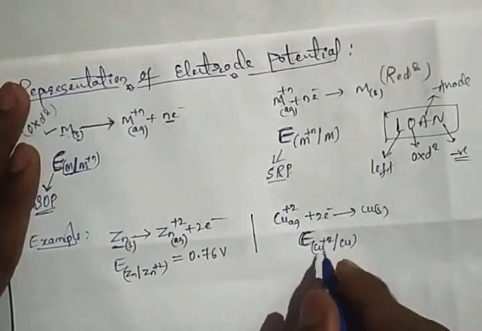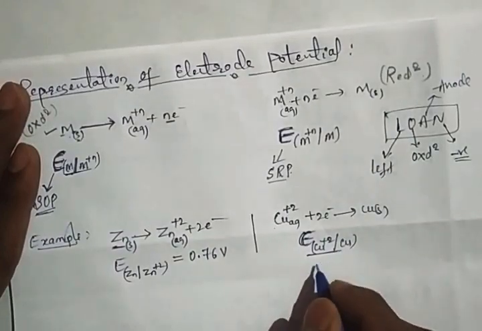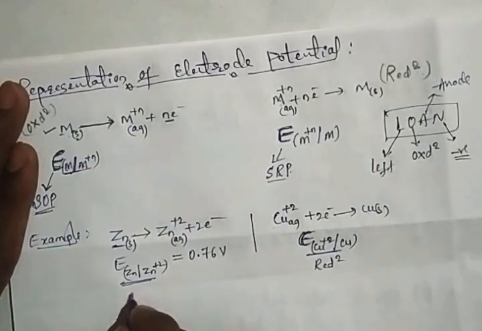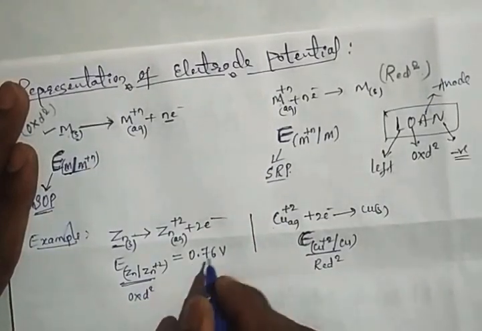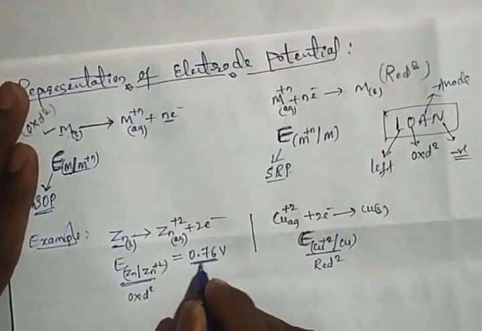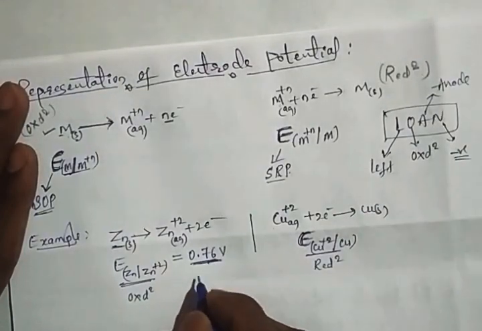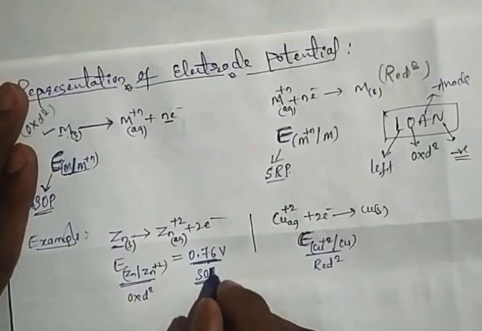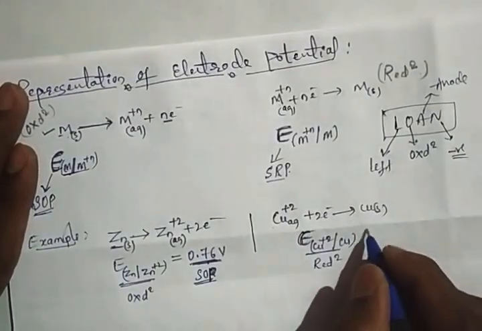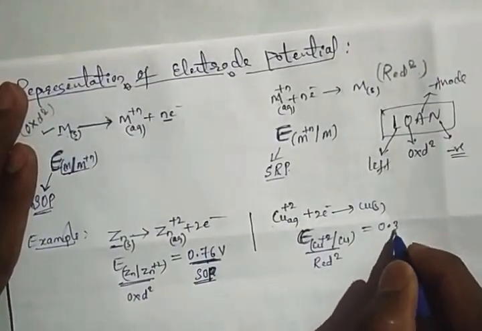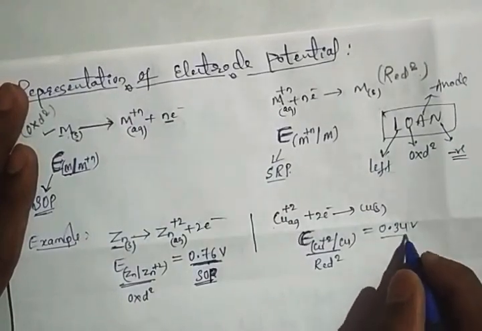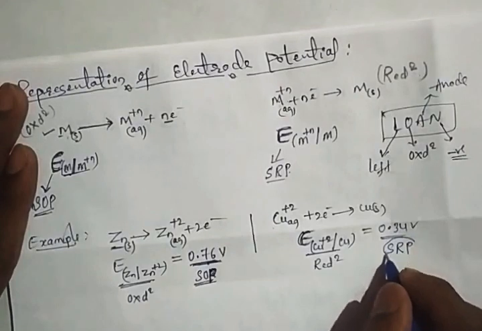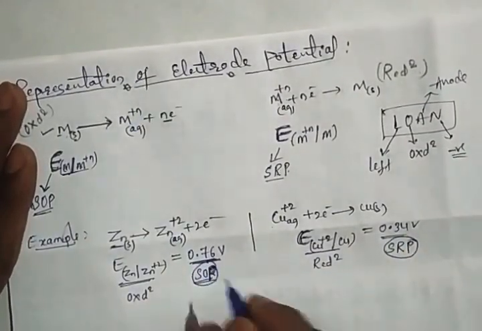This represents reduction, and the other represents oxidation. This value, 0.34 volt, is the standard oxidation potential, SOP, whereas this one is the standard reduction potential, SRP.